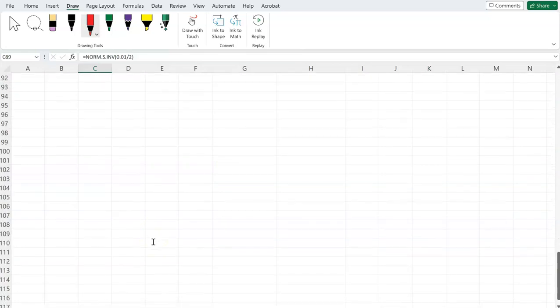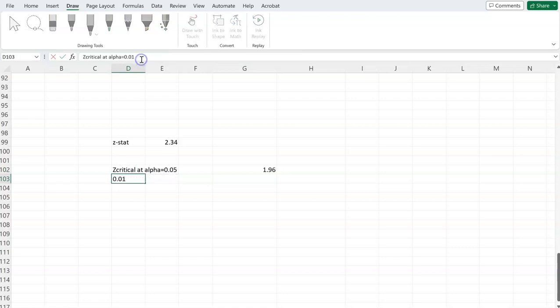So for example, supposing my z-stat came out to be, let's say, 2.34. Then you'll notice that the z critical at 95%, or at alpha equal to 0.05, is 1.96, but the z critical at alpha equals 0.01 is 2.57.